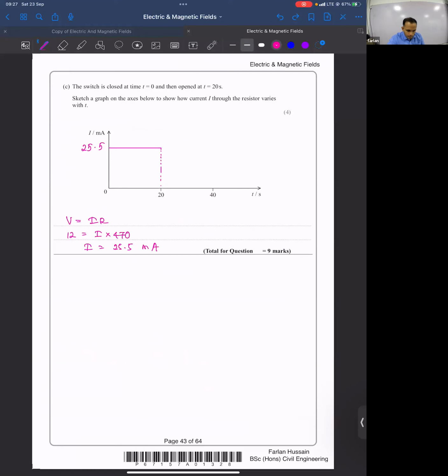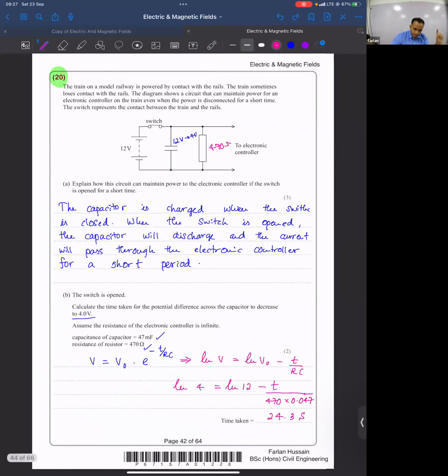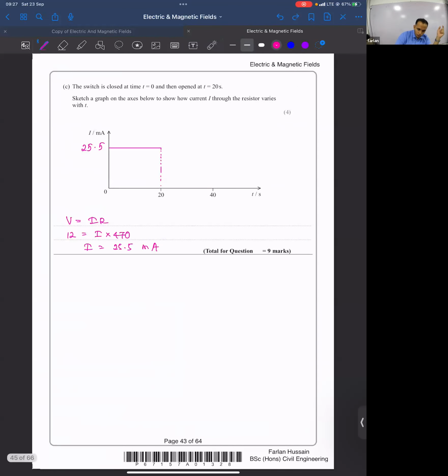No, they haven't told up to 40 seconds. But then the voltage will come to 4 volts when the time is 44.3 seconds. When the time is 44.3 seconds, voltage will become 1/3. 12 becomes 4, so voltage becomes 1/3, which means the current will also become 1/3.